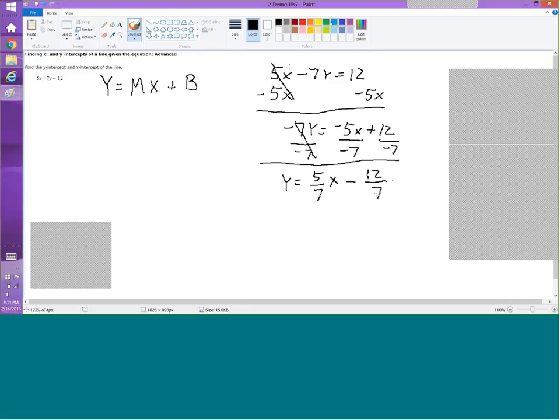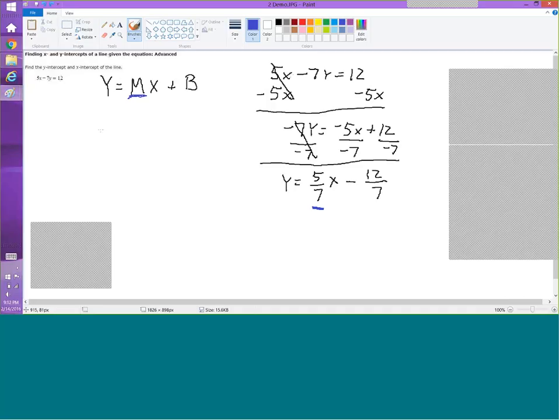And now we've got it to this y equals mx plus b form. I can take the number that's being multiplied times x, which is this 5/7. So my slope, oh shoot, I'm answering the wrong question. I apologize, people. We're looking for the y-intercept and the x-intercept, which means that we just did an awful lot of work, but we'll go ahead and use that to our advantage and finish up that point real quick.